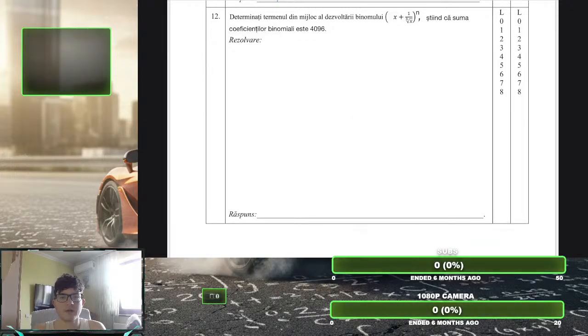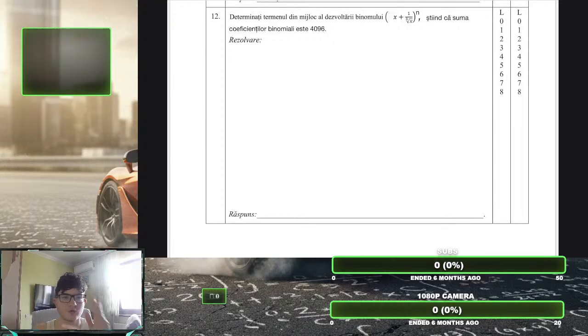So we got this. Essentially. Problem 12. Find the middle term of this expansion, knowing that the sum of binomial coefficients is 4096. Okay, brother, I think I'm a genius.